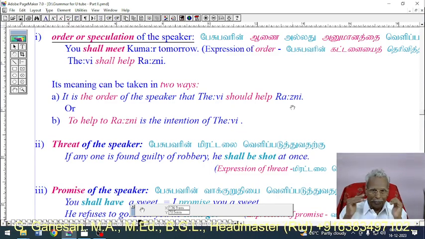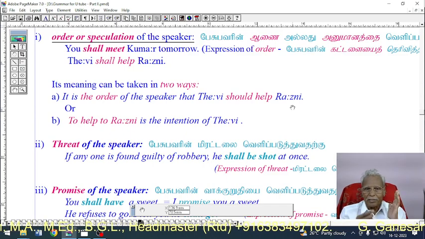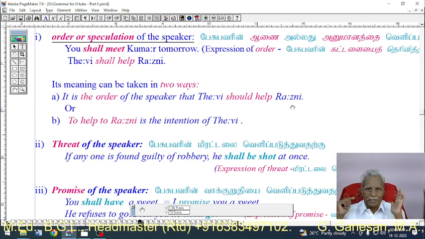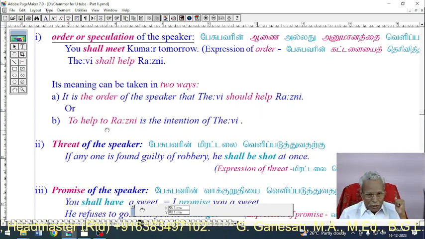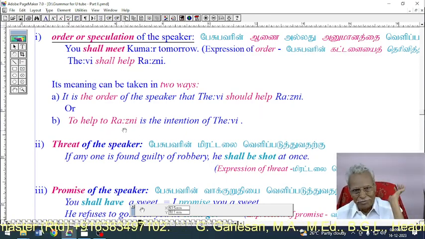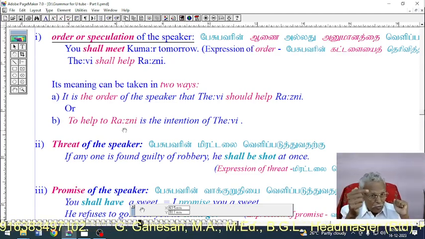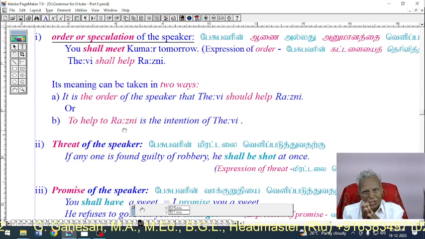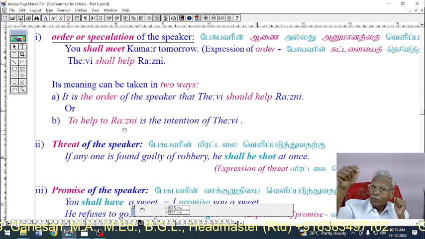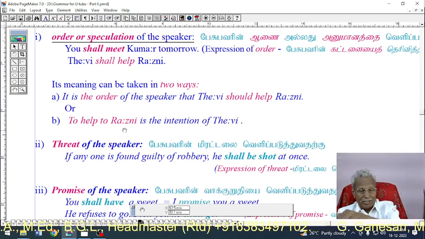The second meaning is that to help Rani is the intention of Devi. But "Devi shall help Rani" is the order of the speaker.